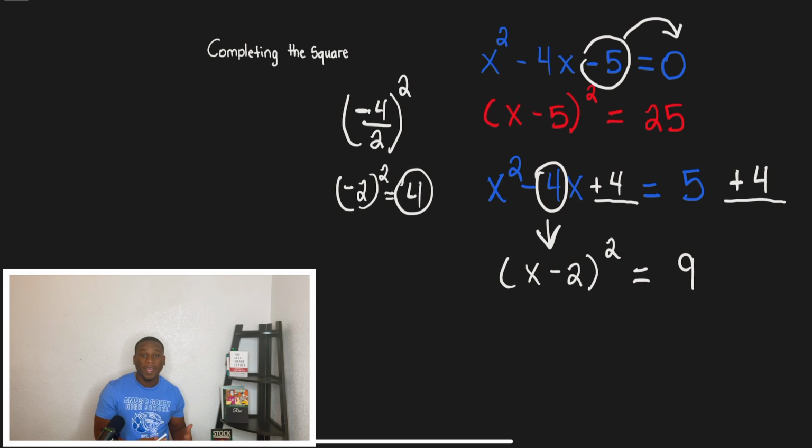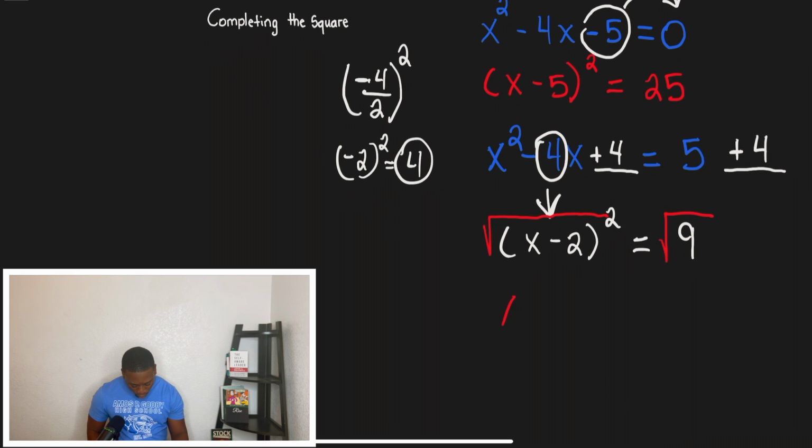Now at this step, guys, what we're going to do is try to solve for x. And the way that we do that is we're going to take the square root of both sides, okay? And what happens here at this step is our exponent is going to cancel out. So on the left-hand side, we're left with x minus 2 is now equal to, and just remember, guys, when we take the square root of a number, when we're talking about complete the square, we're going to have two answers, right?